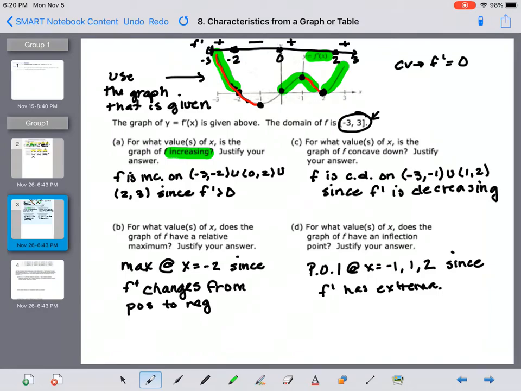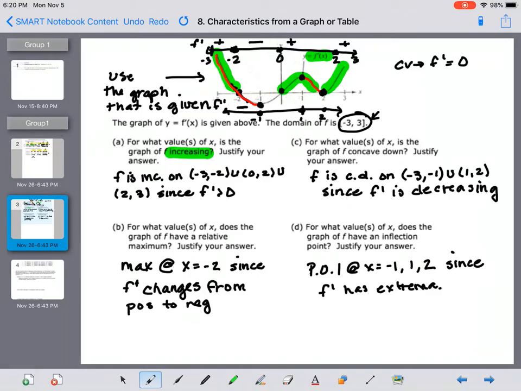And if we wanted to, we could actually create the second derivative number line by doing the exact same thing. That critical value, or that extrema value, that would be at -1. That would be at 1, sorry. And then that one would be at 2. And our second derivative, which is the slope of this graph, is decreasing.